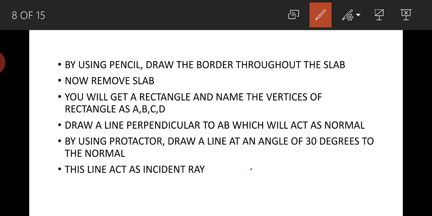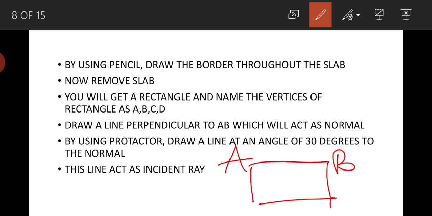After getting the rectangle ABCD, draw one perpendicular line to side AB. This perpendicular line will act as the normal.